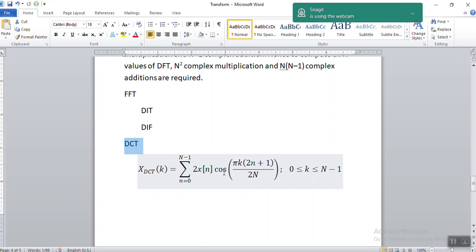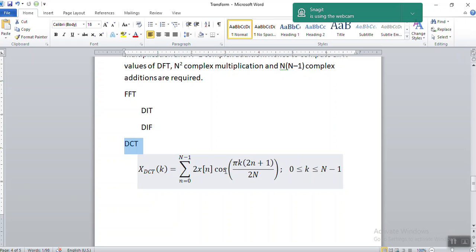So, it is operating on real data with even symmetry. So, remember this: DCT is nothing but the DFT only, but taken at roughly twice the length, and operating on real data, that is x of n real, with even symmetry, that means x of n is equal to x of minus n.